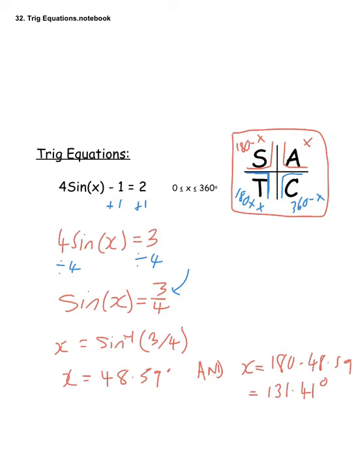So those are your four different options. You've got x, which is always included if you've got a positive number for your trig function, which we do, 3/4. If you've got sine, it's 180 minus x. If you've got tan, it's 180 plus x. And if you've got cos, it's 360 minus x for your second answer.